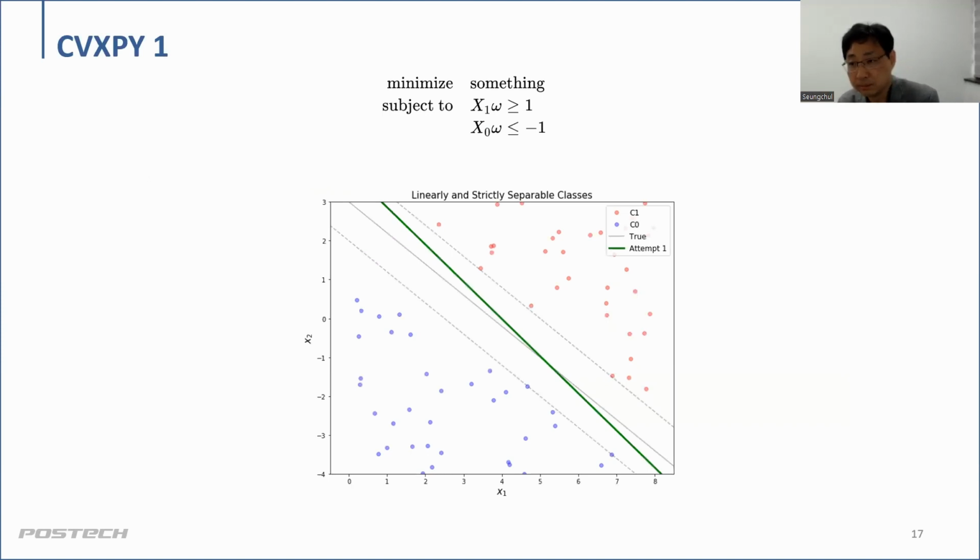Because it's a good linear boundary. So this is the model of the optimization problem for binary classification, and we implemented it in CVXPY, and we got one solution.